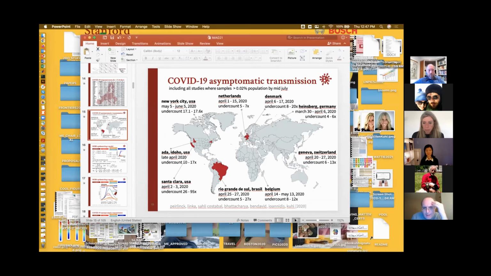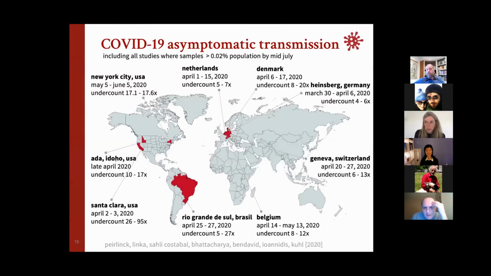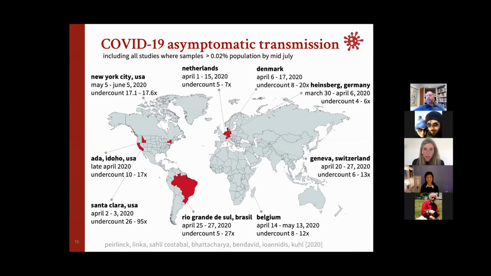That's right. So for the Netherlands, this is based on blood samples, right? So this is seroprevalence. People did blood sample tests to see how many people had already had the disease. The one that I showed was the Netherlands, where this is about 5 to 7. There were also other studies that reported much higher values. For instance, Brazil had 5 to 27, or Idaho 10 to 17 times.